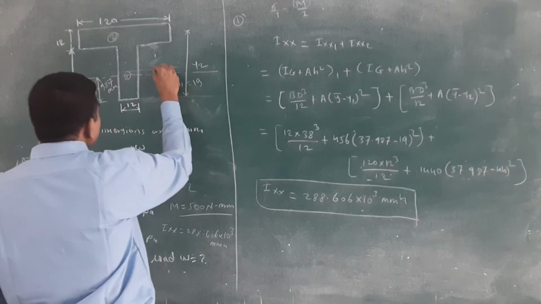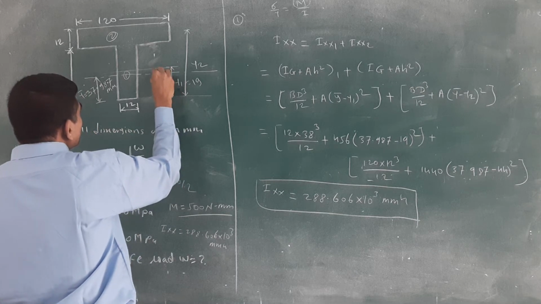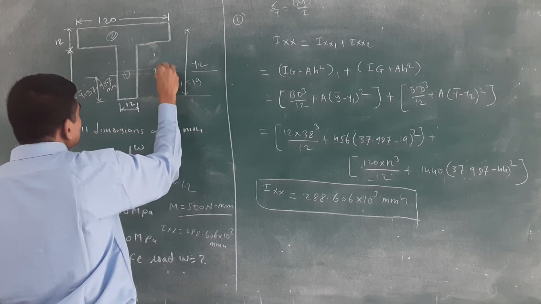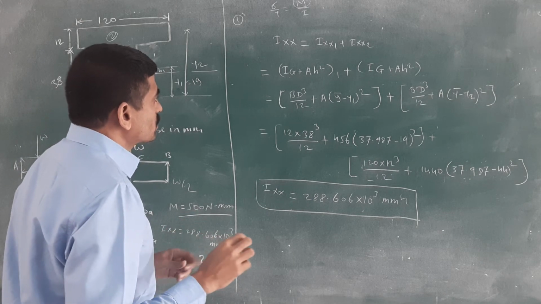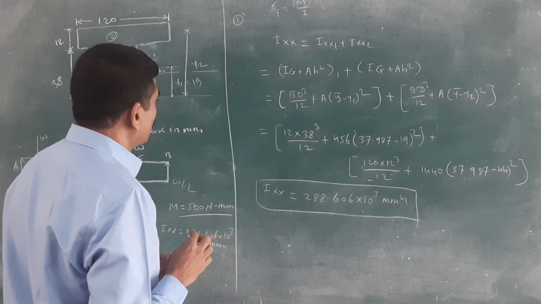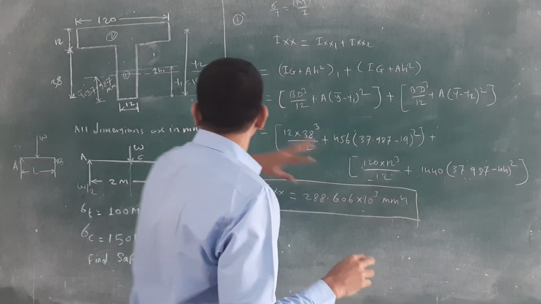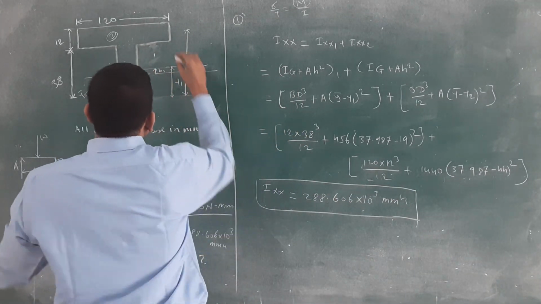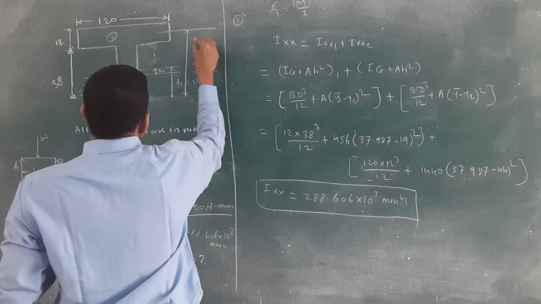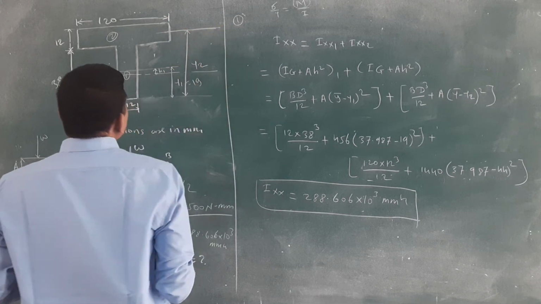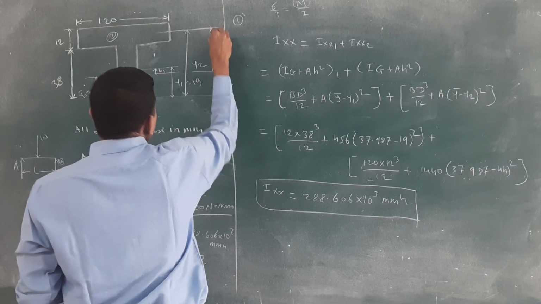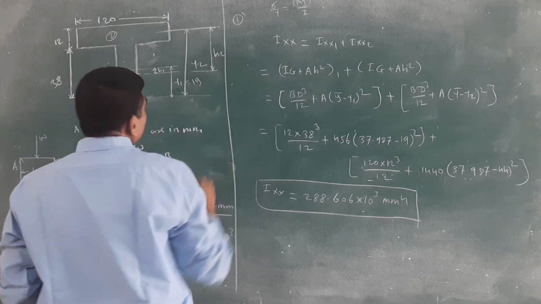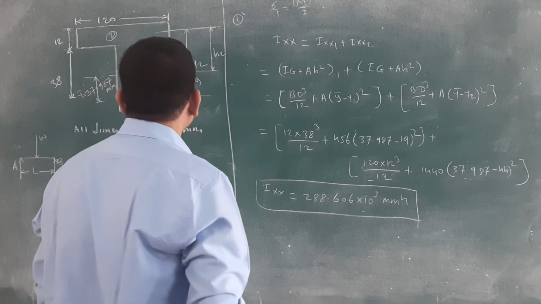The distance between these two, the reference axis and the centroidal axis, gives you the h. h1 is there, and square is there. And for the second one, from this centroidal axis to here is the distance h2. Remember that you will get the h2.